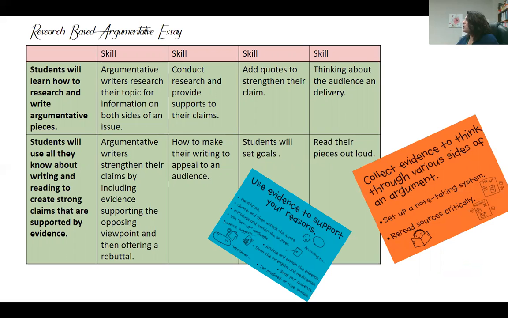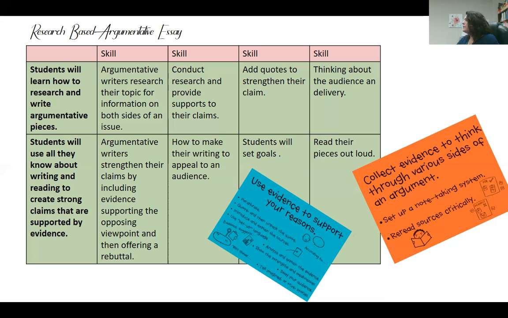So some of the skills: argumentative writers research their topic for information on both sides of the issue. So students will be doing some research for this unit, conduct research and provide supports to their claim, add quotes to strengthen their claim. So they just finished their literary essay unit where they had to quote from books. So they're going to use some of the skills they've already learned in this.